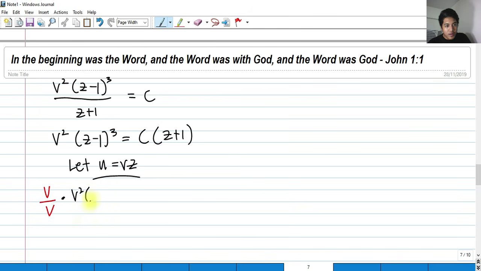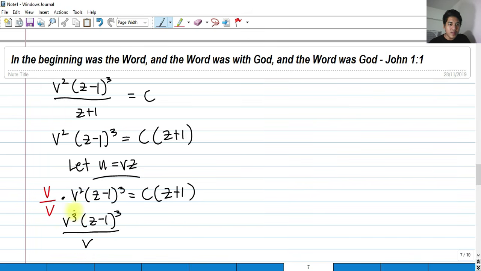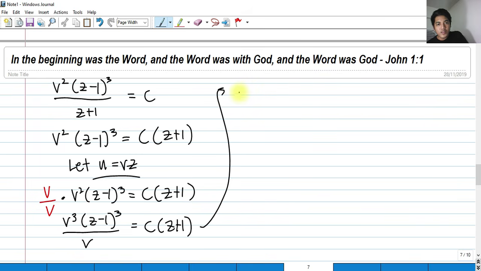So we have v squared times z minus 1 cubed is equal to c times z plus 1. This becomes v cubed times z minus 1 cubed over v. As you can notice, this is still equal to the previous one because this cancels, leaving the v squared. So we have c times z plus 1. If I cross multiply v here, I have v cubed times z minus 1 cubed is equal to c times vz plus v.